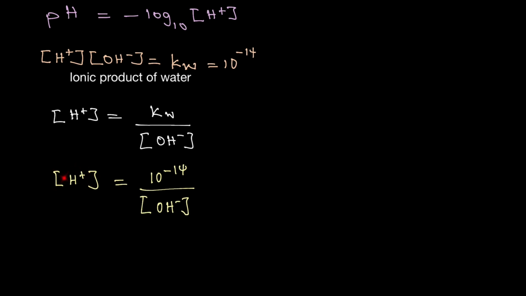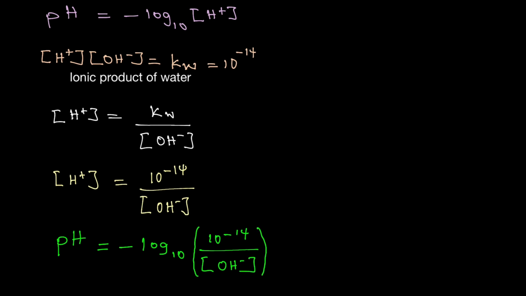We can replace the concentration of H plus in pH equals minus log base 10 concentration of H plus, so pH equals minus log base 10 of 10 to the power minus 14 over concentration of OH minus. Here I have just replaced the concentration of H plus into there, and this is what I get.